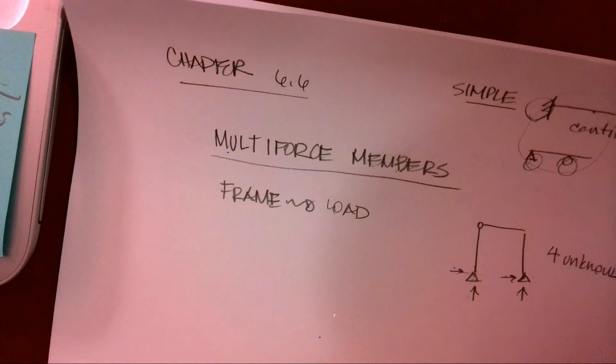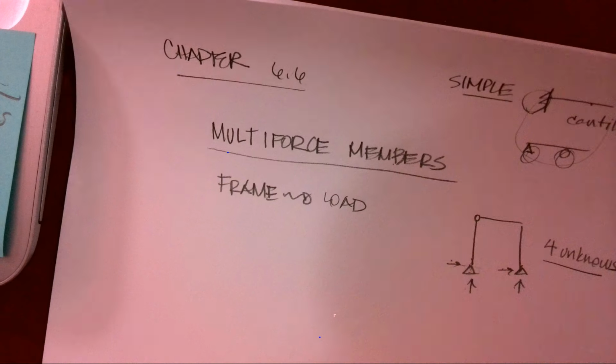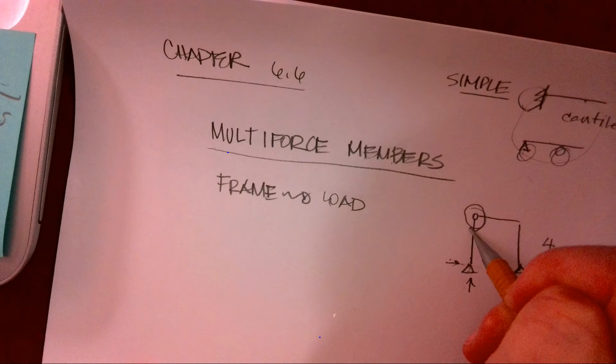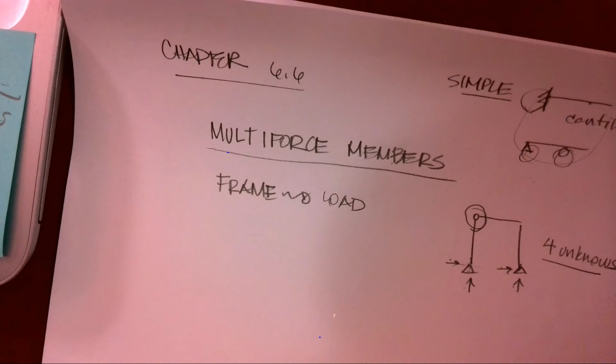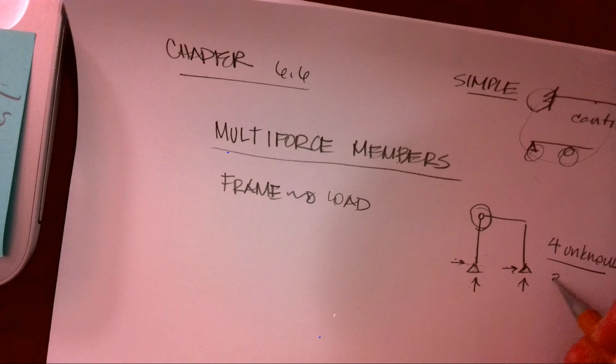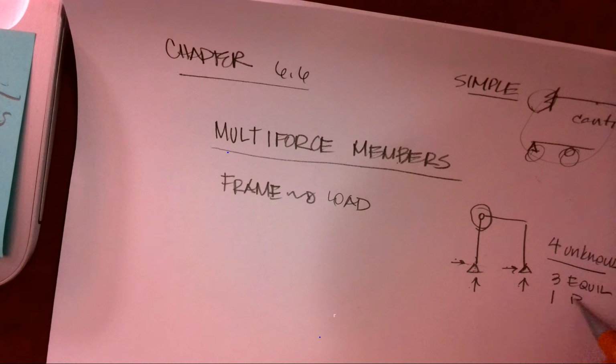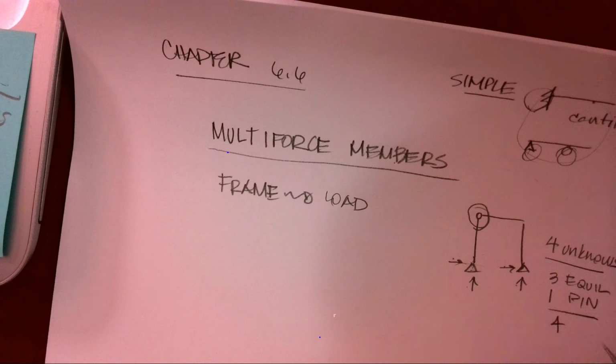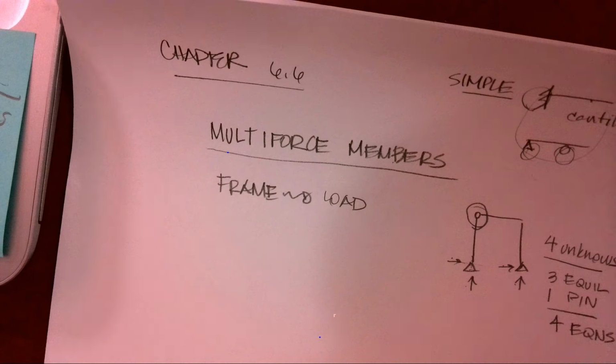And I only have 3 equilibrium equations. But because I have this internal pin, that's going to provide me that extra equation I need. So I will have the 3 equilibrium equations we've been using plus 1 pin. I now have 4 equations to tackle this problem, okay?